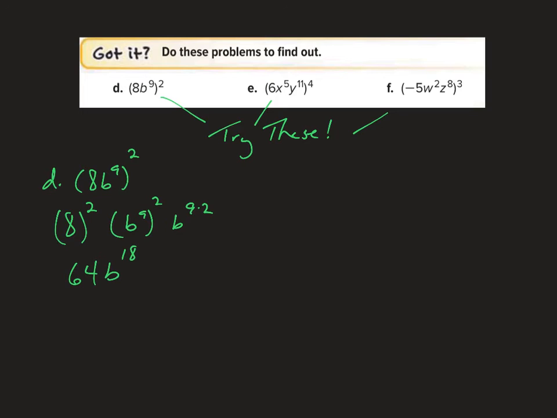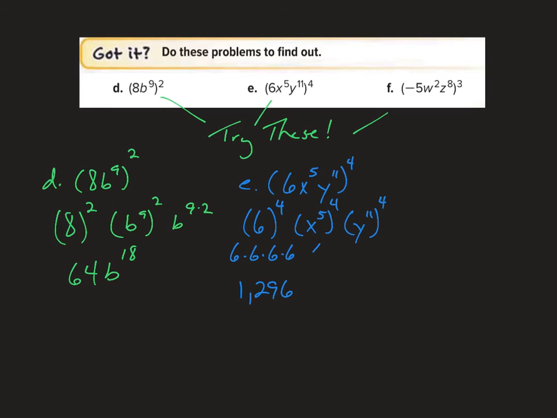Then for problem E, we've got 6x to the 5th, y to the 11th, all to the 4th power. And again, we separate out our values, so we've got 6 to the 4th, x to the 5th to the 4th, and y to the 11th to the 4th. 6 to the 4th would be 1,296.